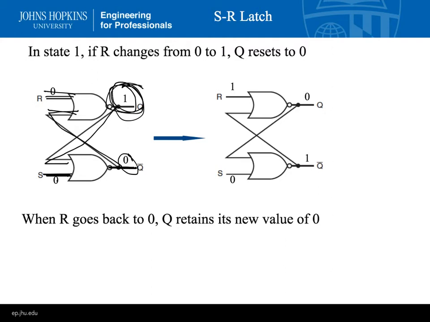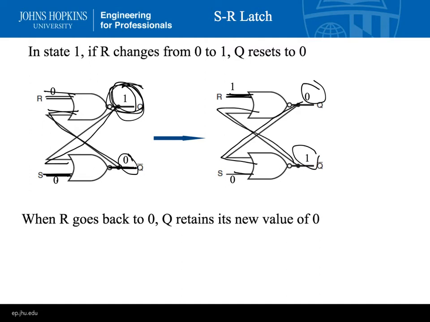To change this Q value from 1 to 0, we would have to put in reset. So if we send a 1 here, the output is going to be 0. And so then we'll have 2 zeros coming in here, and the output will be 1.